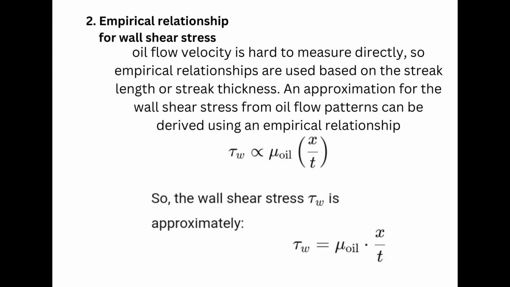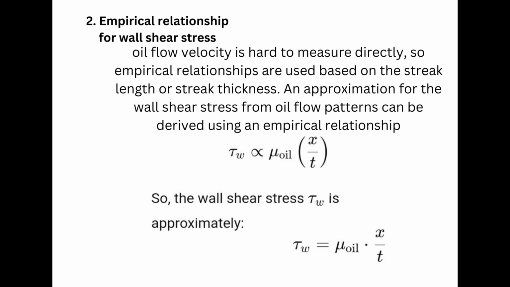The second one is the empirical relationship for wall shear stress. Oil flow velocity is hard to measure directly, so empirical relationships are used based on the streak length or streak thickness.